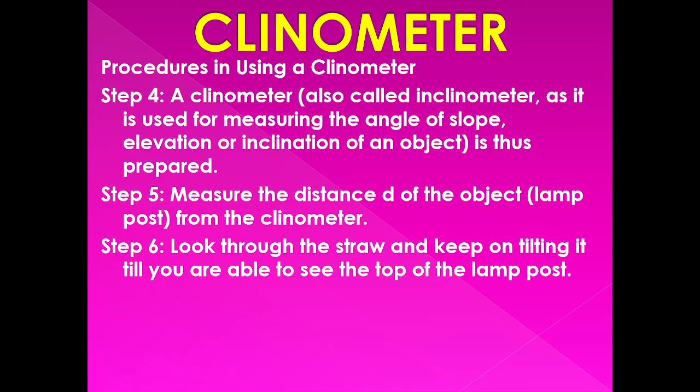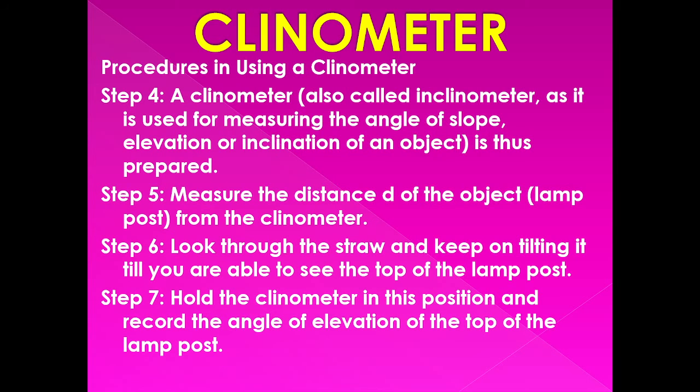Next. So that's step number 6. Step number 7: hold the clinometer in position and record. Just like what I said, the angle formed is the angle we will use. Record your height also, from the line of sight going down to the ground.